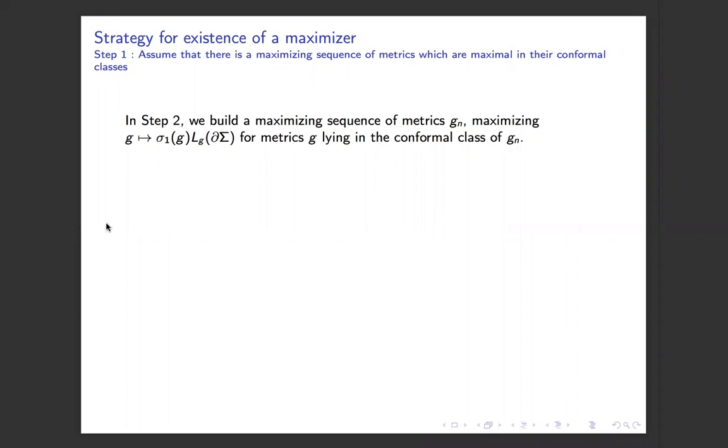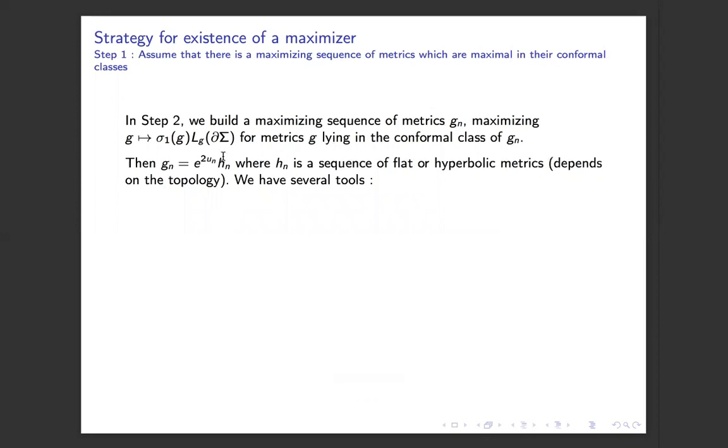So in the following step, which I shall detail after, we build a maximizing sequence of metrics Gn, which are maximal for this functional in a fixed conformal class, for metrics lying in the conformal class of Gn. Then we can write Gn as a conformal factor times some hyperbolic metric, such that the boundary of the surface is a geodesic.